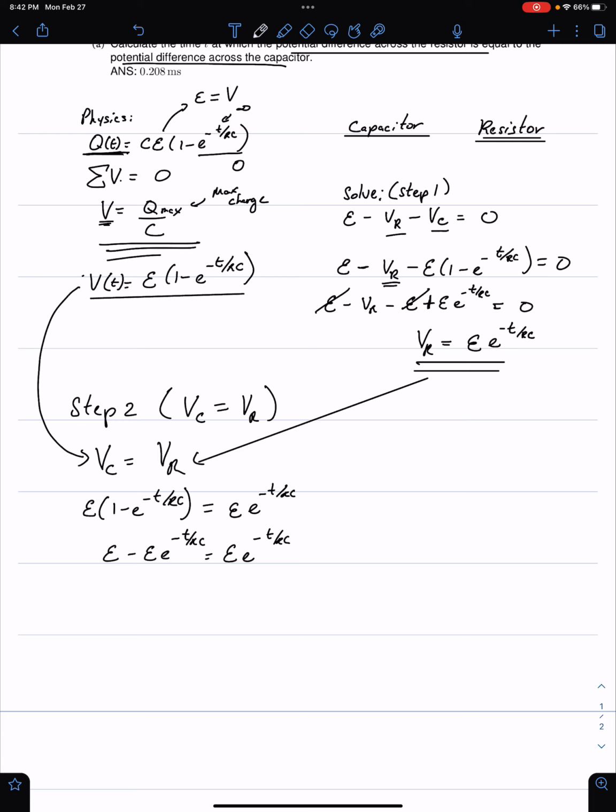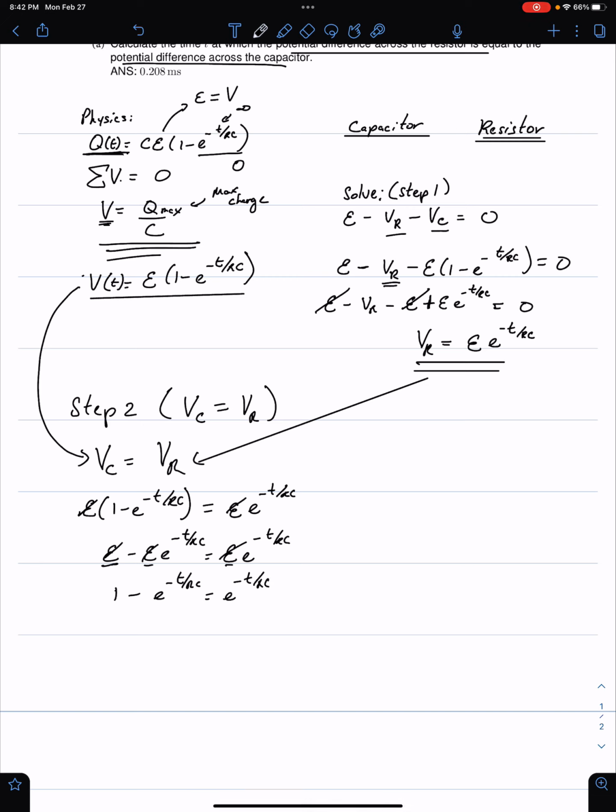Notice that EMF, EMF, EMF. These can cancel out because they're all equal to each other, or they have the same on one side. And I could have done it here too, but for some reason I didn't see that. So we have 1 minus e to the negative t over RC equaling e to the negative t over RC.